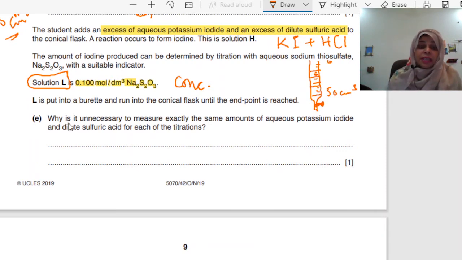Why is it necessary to measure exactly the same amount of potassium iodide and dilute sulfuric acid for each of the titrations? The answer is here: excess aqueous potassium iodide.